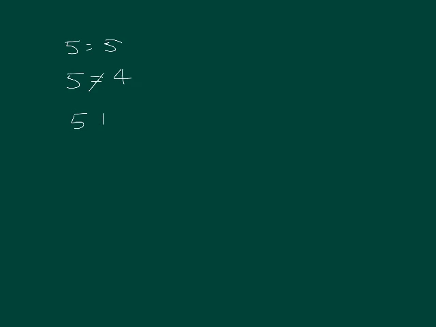So if I say 5 plus 2 equals 7, the quantity over here and the quantity over here are the same. But if I say 5 plus 2 equals 11, I put a line through there showing that that is not a true statement. The equal sign means it is a true statement. The line through the equal sign means it's not a true statement.